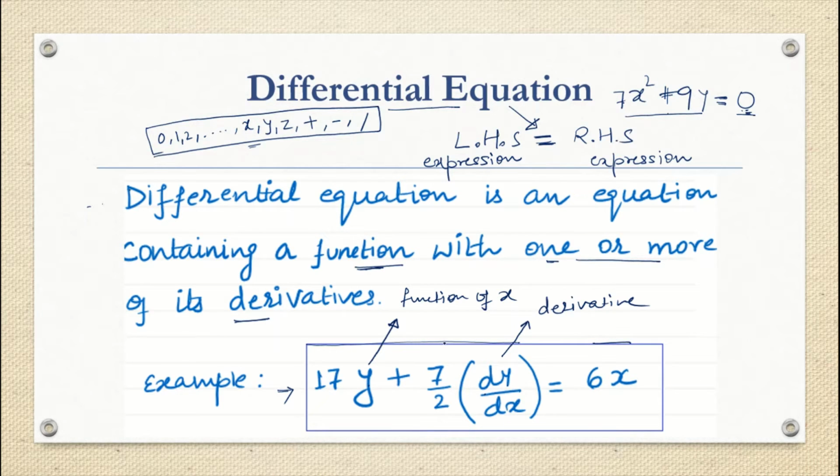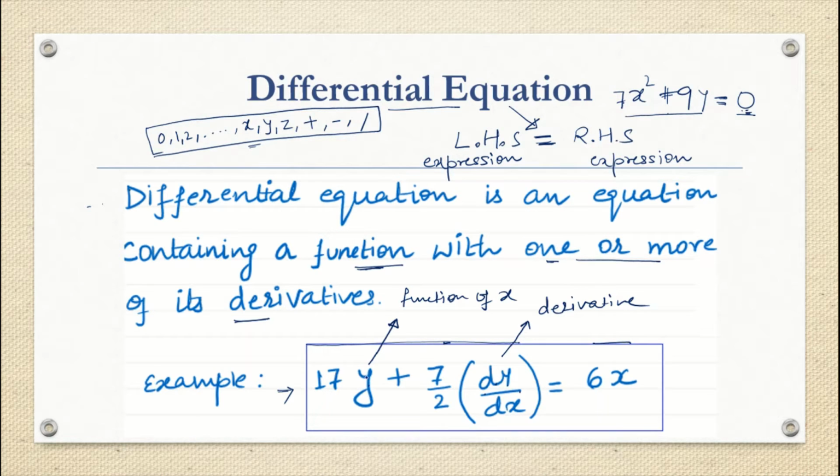Suppose in day-to-day life, we want to study the rate of change of climate, rate of change of temperature, change of weight or those things, then we actually have to deal with differential equation.